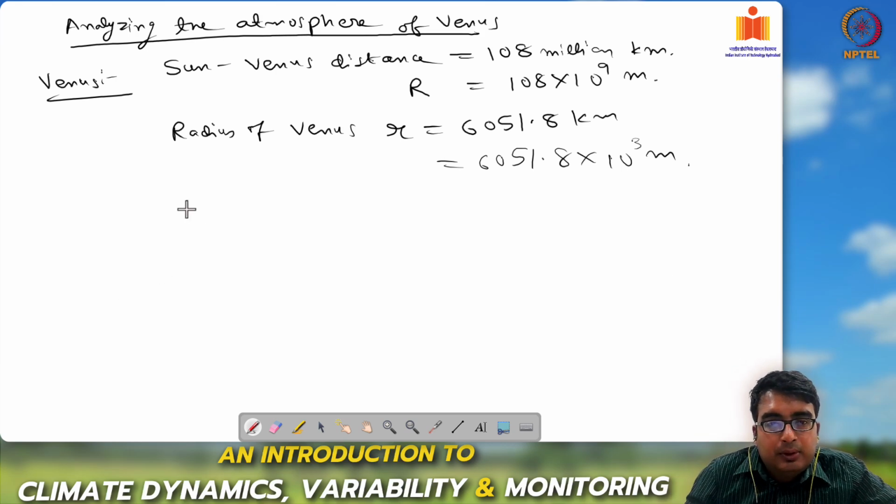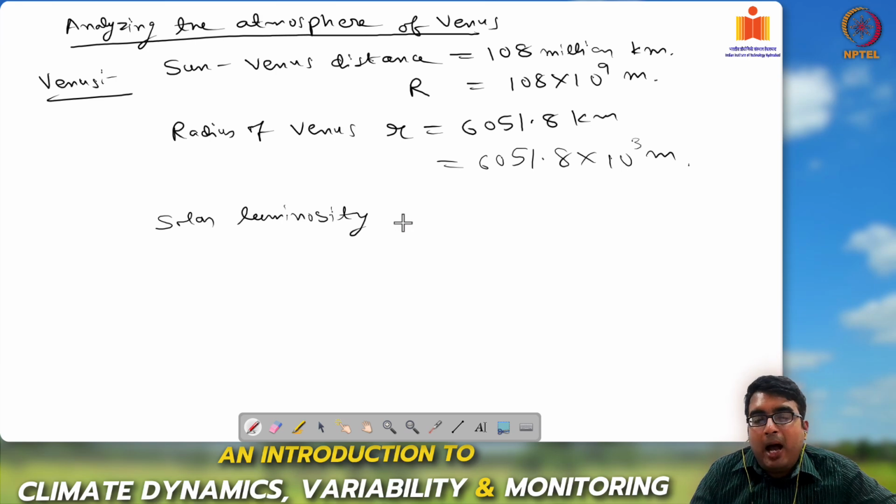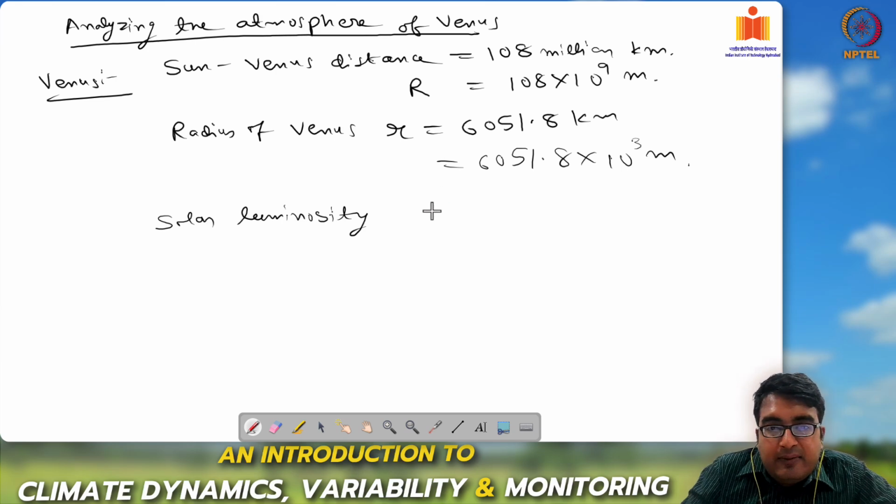Now, the solar luminosity, this is the total solar power, so that is the total energy per unit second that is being emitted by the Sun per second, is given as 3.85 × 10^26 watts.